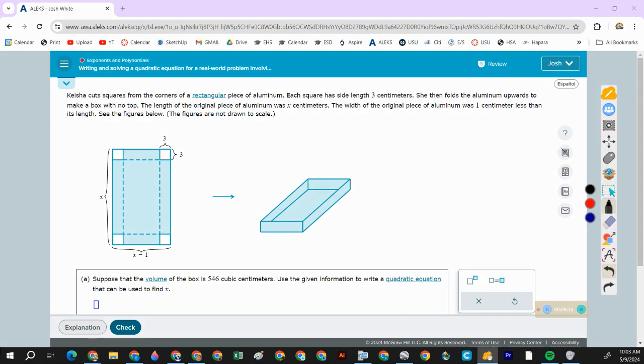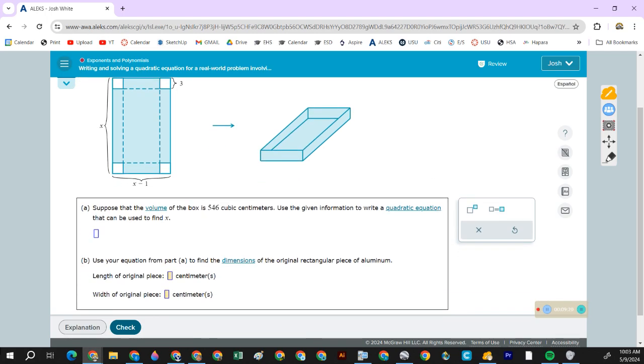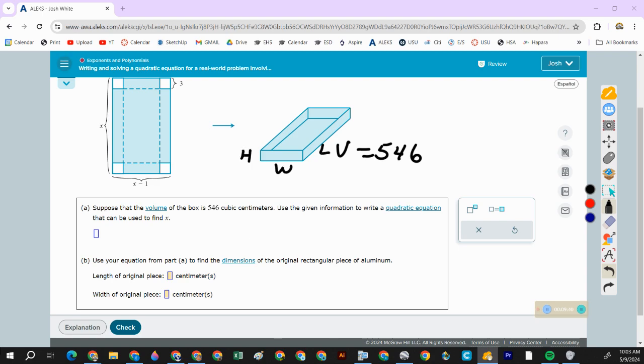Okay, let's go up a little. So over here, the volume is 546. The volume is going to be length times width times height.